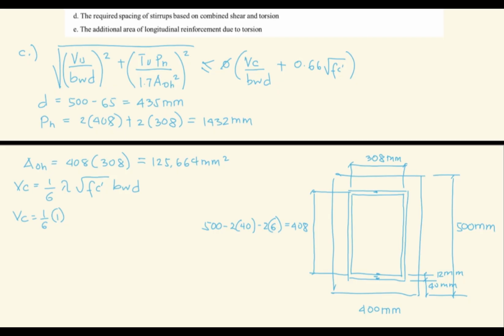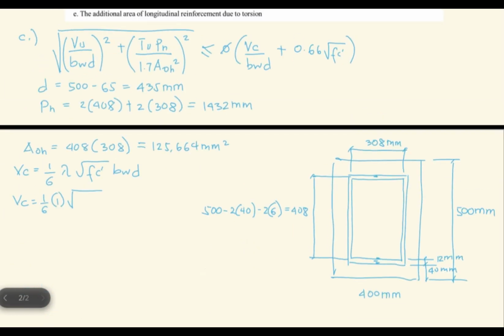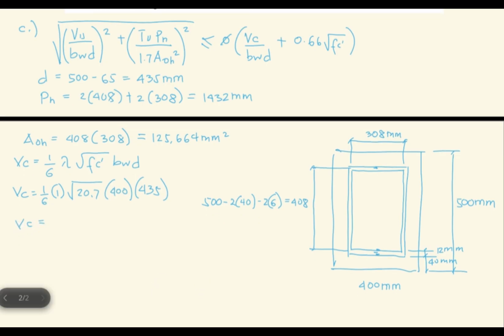So square root of 20.7 times 400 times 435. This will give us a value of 131,942.0327 newtons.